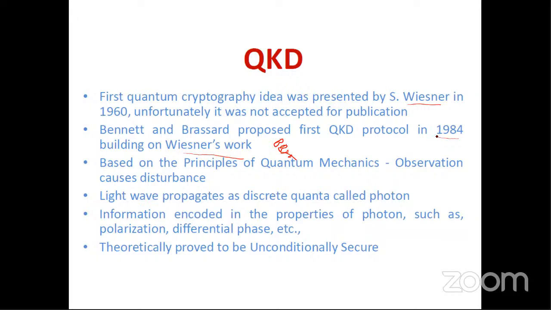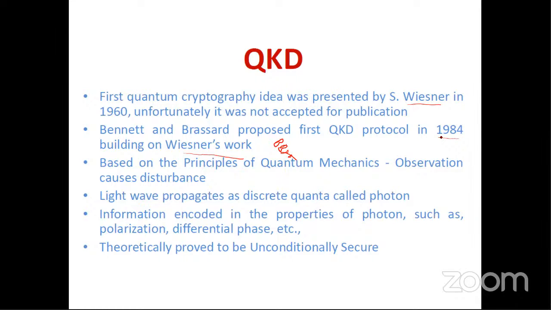So the first proposal was in 84, and the idea of quantum key distribution is that we send a photon between these two parties on a quantum channel. Whenever we are sending this photon, let's call it a qubit. So whenever we are sending a qubit between these two parties, if an adversary in between tries to observe or copy it, it causes disturbance.